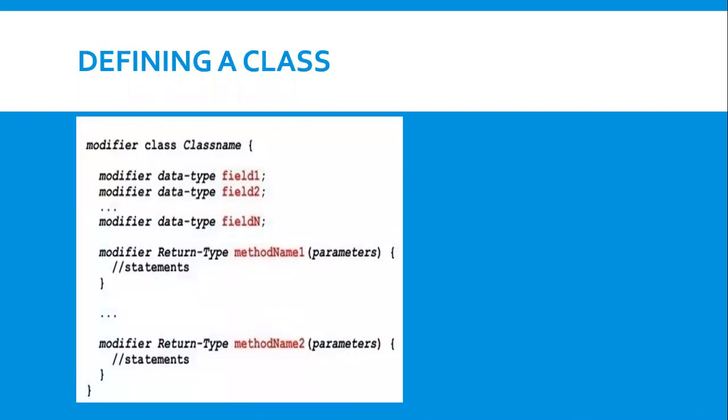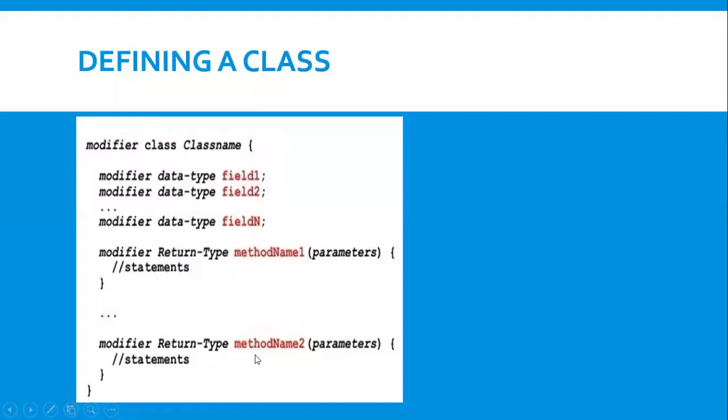Now let us see how to define a class. This is the general representation of a class, which is followed by modifier, data type, and field one. Modifier, data type, field. Like that, we can have any number of fields in the class. Similarly, here we mention modifier, return type, and method name, which may have parameters.